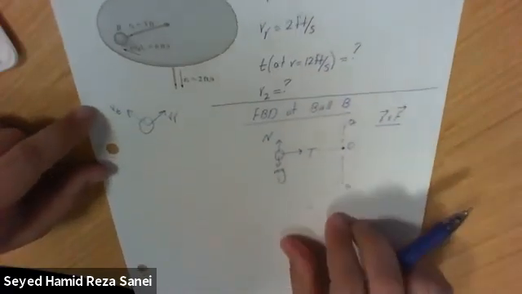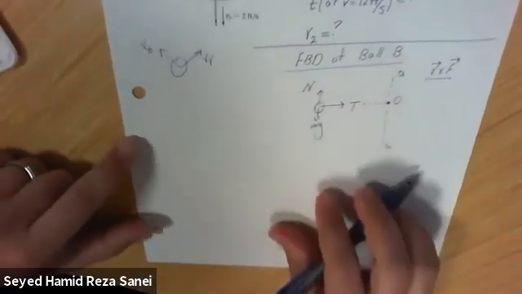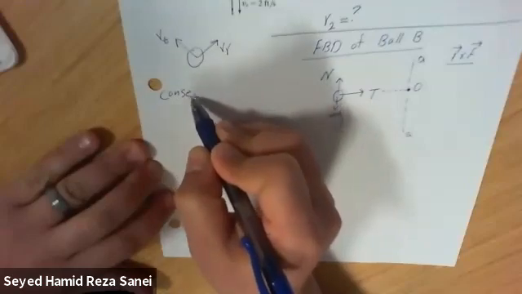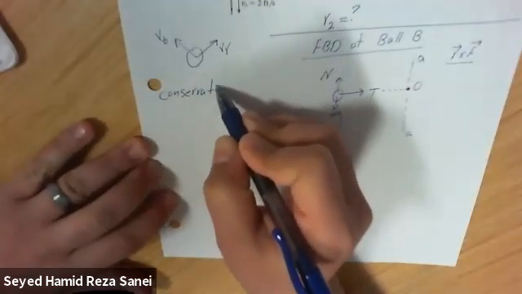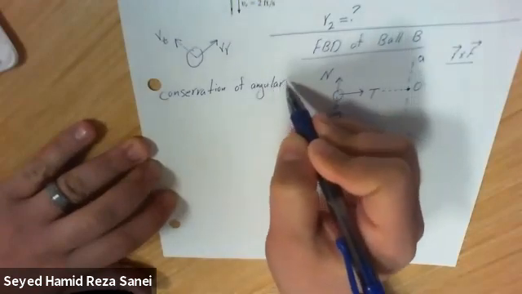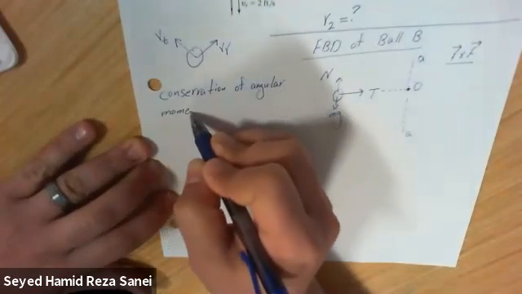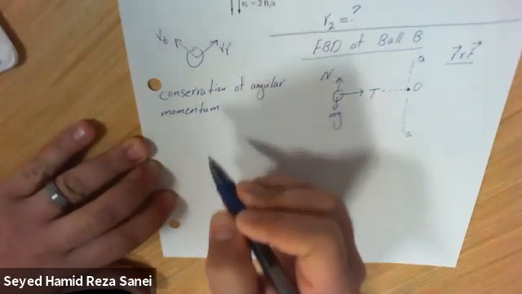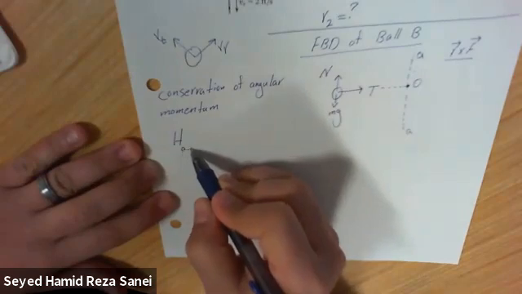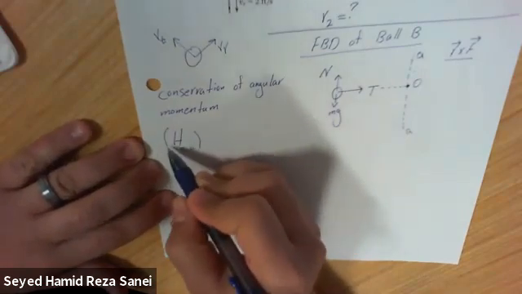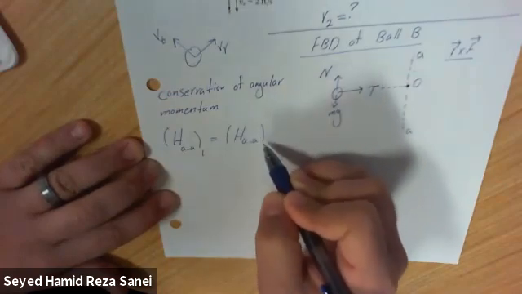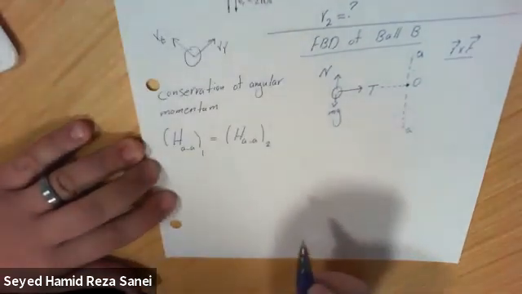Therefore, we can write conservation of angular momentum. H about AA at instance 1 is equal to H at the second instance.